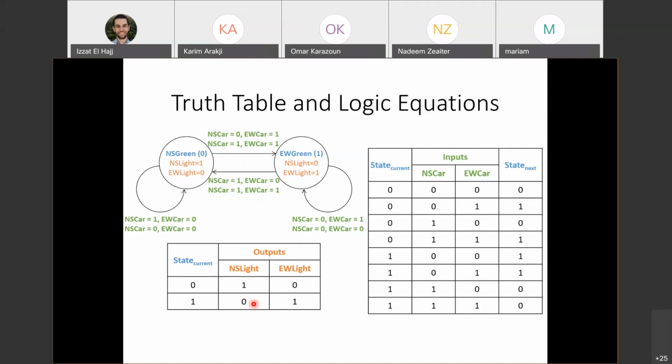Okay, I got it. If my input changes in the middle of the clock cycle, I'm not going to change my output. My output will only depend on my state, not my input. This makes sense because if I have a traffic light, I don't want to change it the minute that a car arrives. I want to wait a certain amount of time and only change the light periodically so that things are a little bit more predictable.